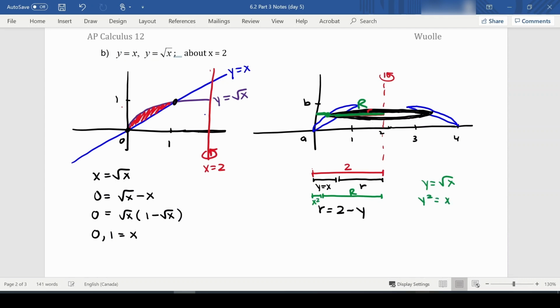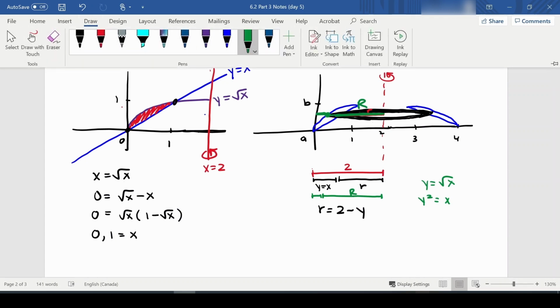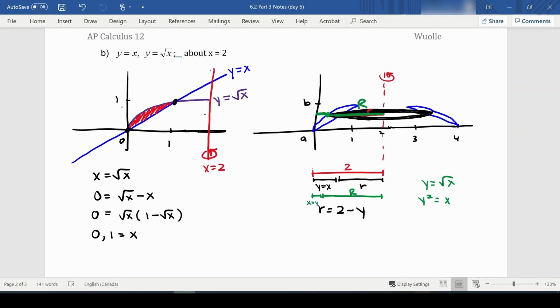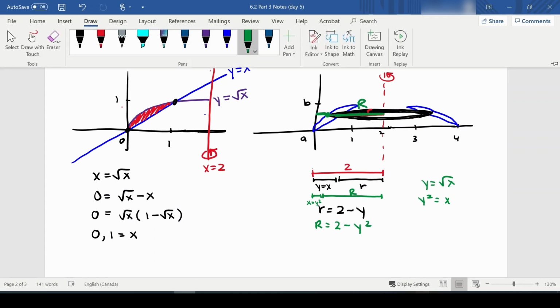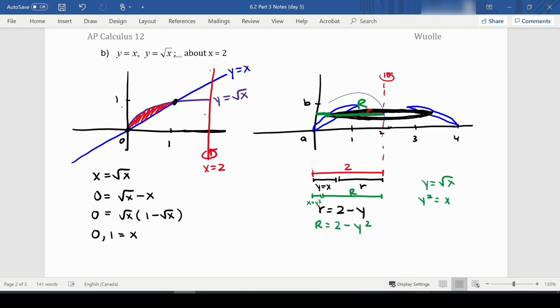So this extra distance is x equals y squared, and our outer radius big R is 2 minus y squared. The reason we're using the left side and not the right side is that the left side is what we started with before we rotated it. So this is our original side, and that's where we write our equations for our radii from.